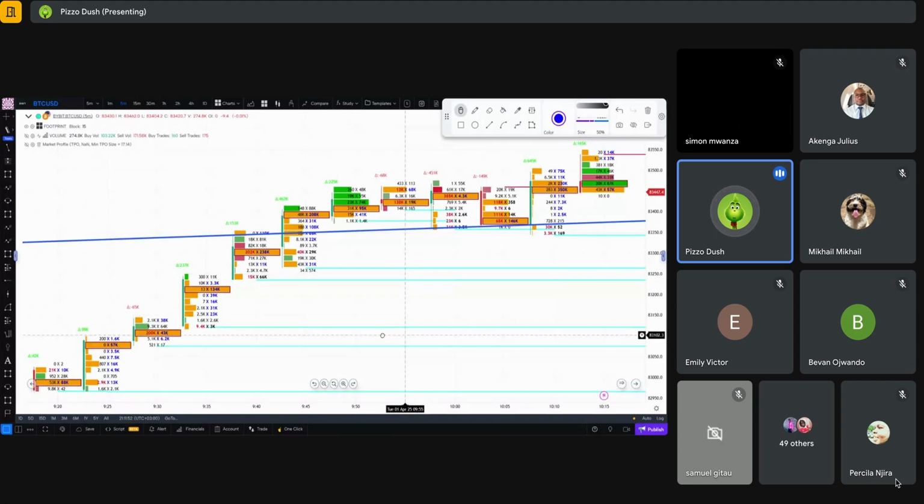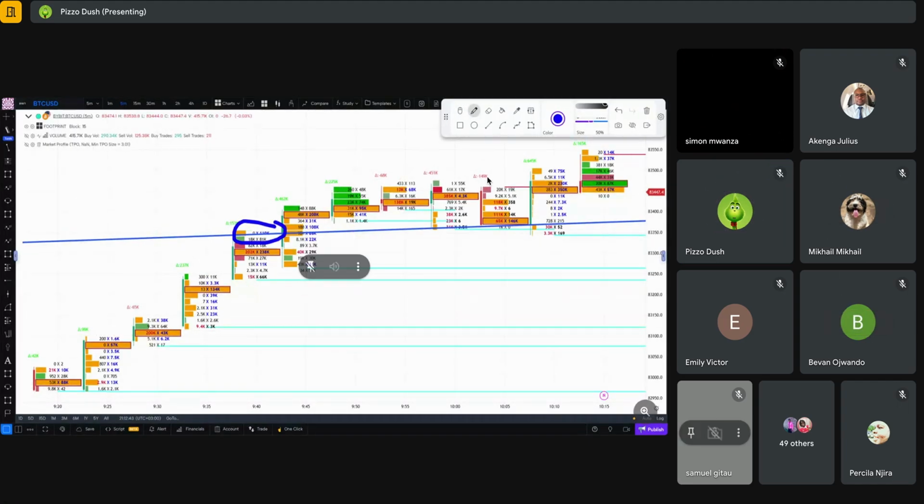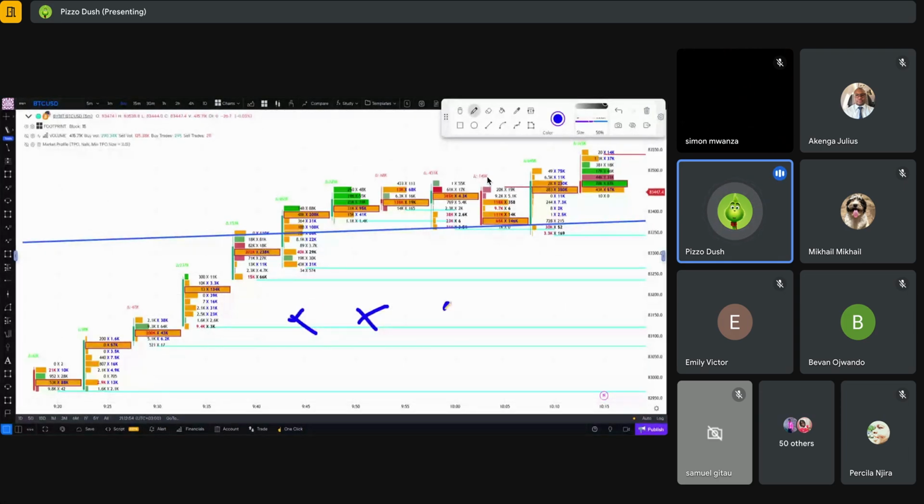Now, as I was saying, so if you check at these specific footprint, so tunaangalia. Yeah, so as I was saying, you can clearly see, nakumbuka tukifanya imbalance jana tukasema imbalance is the difference between buyers and sellers. So imagine place unapata kuna 0 sellers by 110,000 buyers. What do you expect market to do?